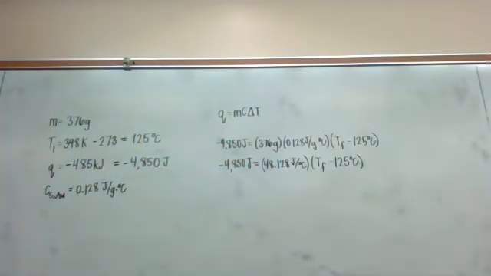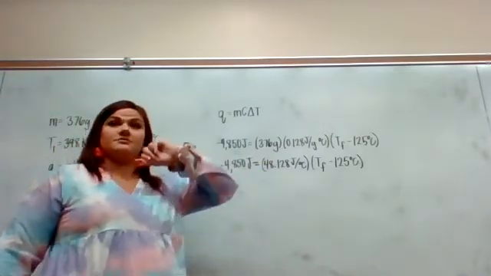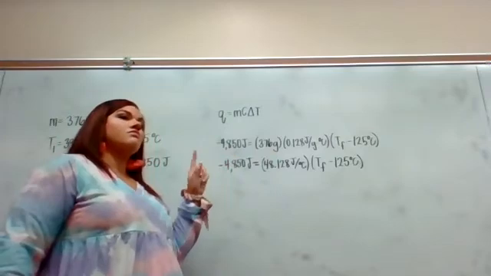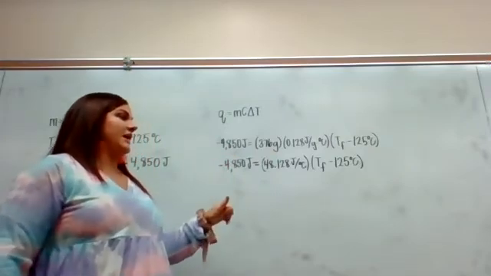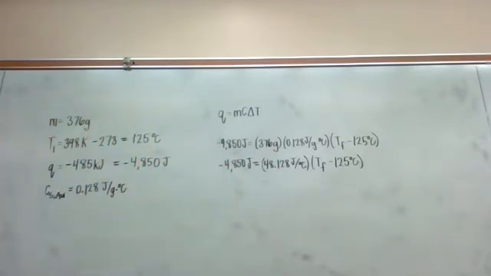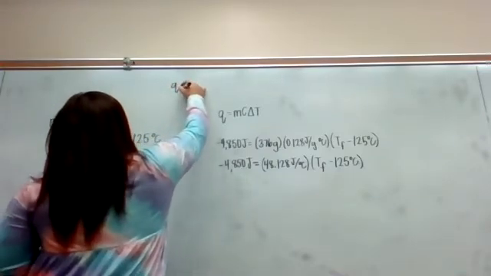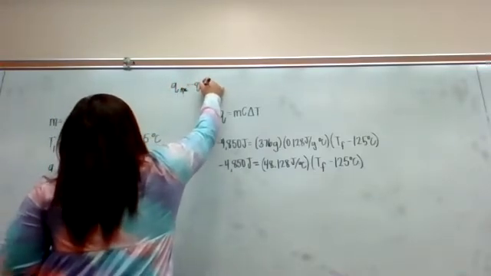Okay, so when you get here, you could simply divide both sides by 48.128, right? And that's fine if you do that. However, do not do that when you have to use an equation like this.